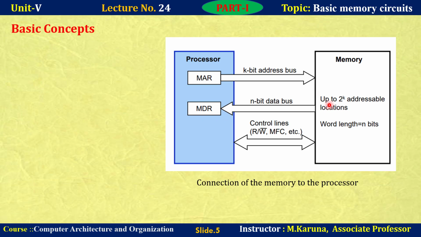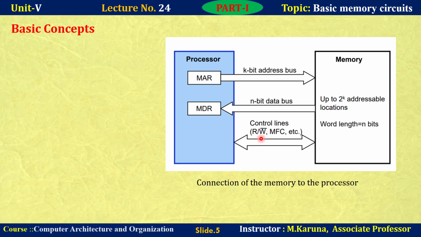Means the processor collects the data from the memory through the data bus with the help of this address. Okay, let us see how the read operation is performed. The processor reads the data from the memory by loading the address of the required memory location into the MAR register and setting the read/write bar line to 1.